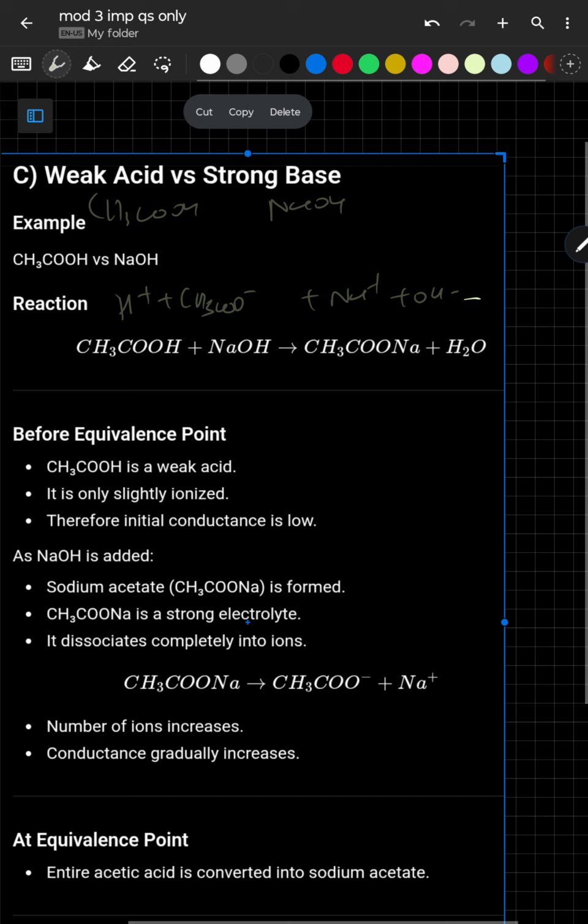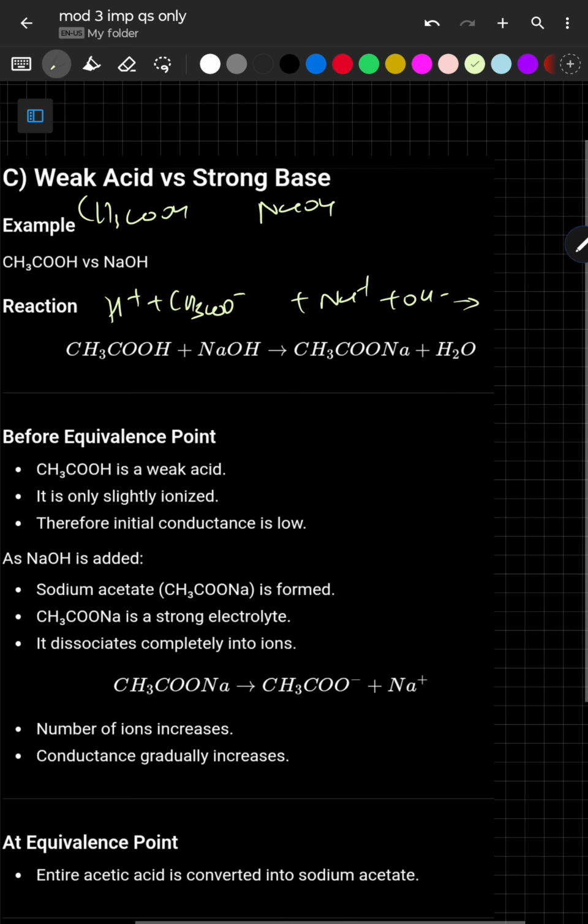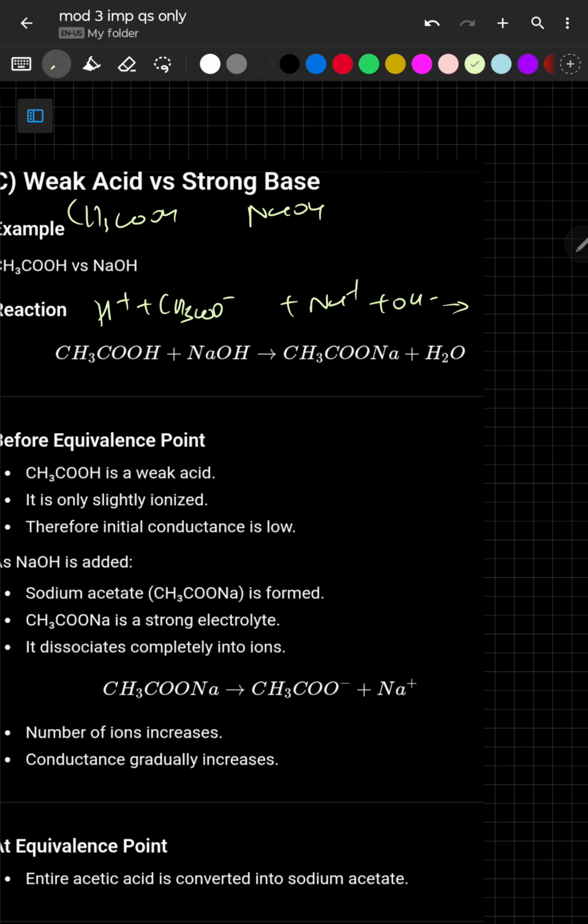Sorry, my bad, I would have completely changed the reaction. This will give us Na plus CH3COO minus, basically CH3COONa and H2O. CH3COOH plus NaOH gives CH3COONa plus H2O.